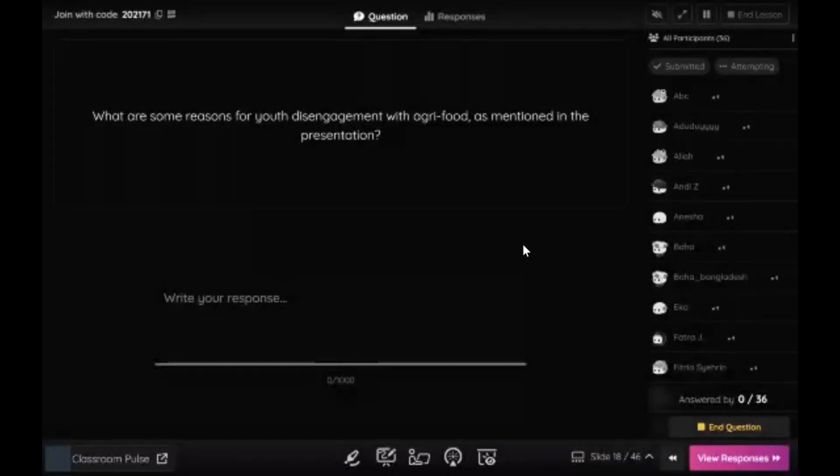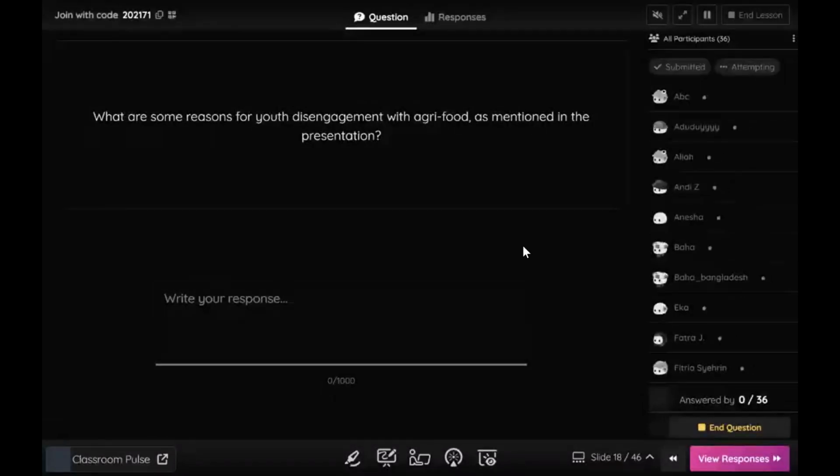So why? Why don't the youth want to become a farmer or join the agri-food models? You can type your response. Just type anything. For example, as a farmer, I can't afford a Lamborghini, for example. No, you're wrong.